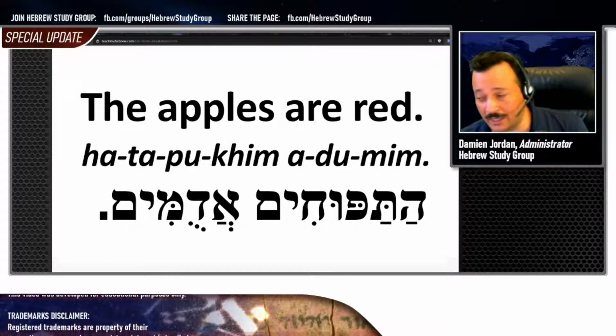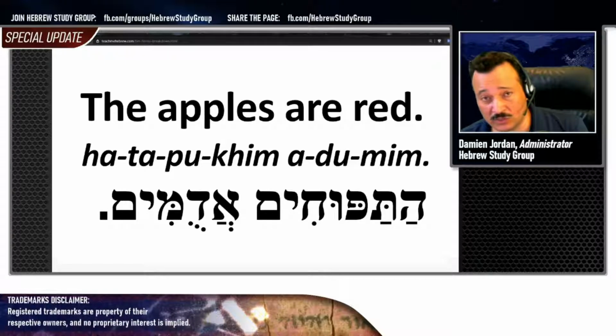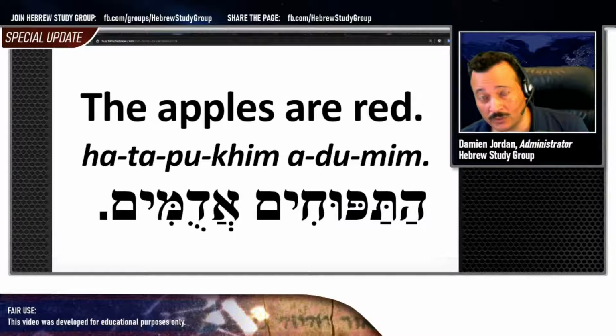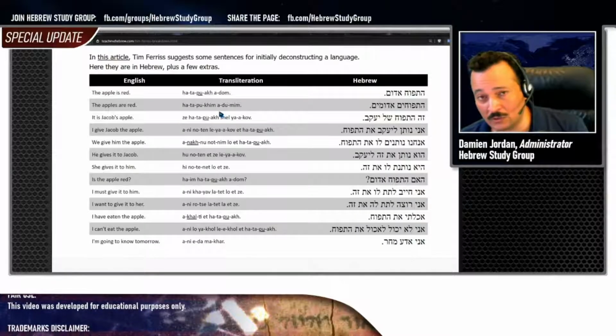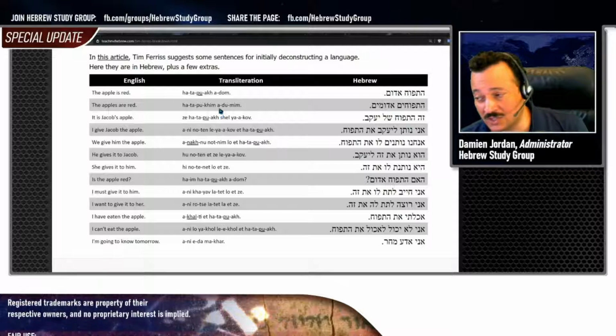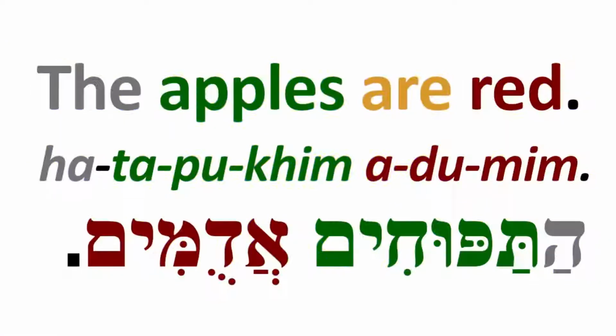And that's why it ends with, at least as far as the transliteration is concerned, im. So you have ha tapuchim, the apples. Once again, the apples. Now notice what happens to the adjective. Instead of just adom, now we have adumim.